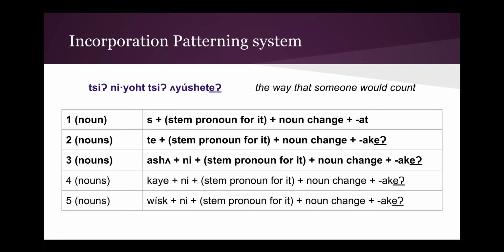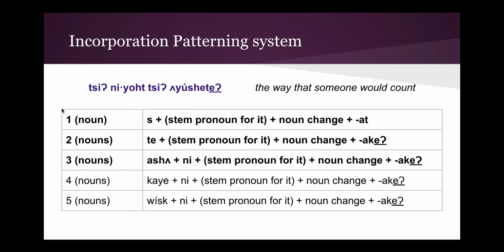The 3 things or more have the same incorporated version of the word, just the number out front will change after 3. So when you get to hasa, gaye, whisk, or any more than that, you're still going to say the same noun incorporation after. So that's what this slide is trying to show us.